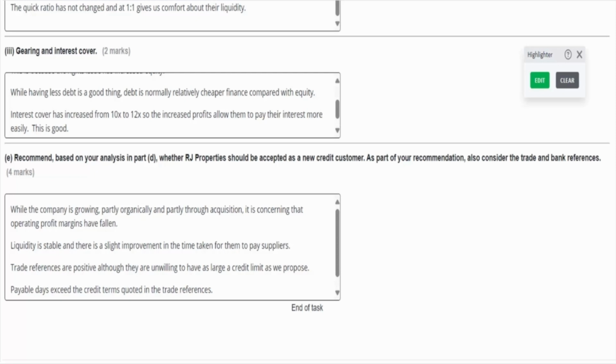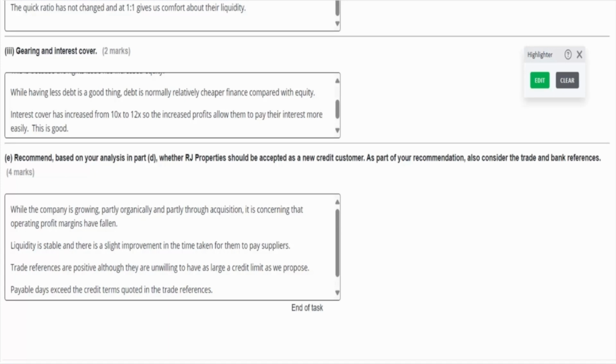So what can we say about profitability? So remember, start off just by describing what you see. So the gross profit margin is increased by 5 percentage points, from 45 up to 50. But remember, we're going to get credit for trying to explain why we think that's happened. What is the potential cause? So one cause is that the acquired property company may have had higher selling prices than RJ Properties.